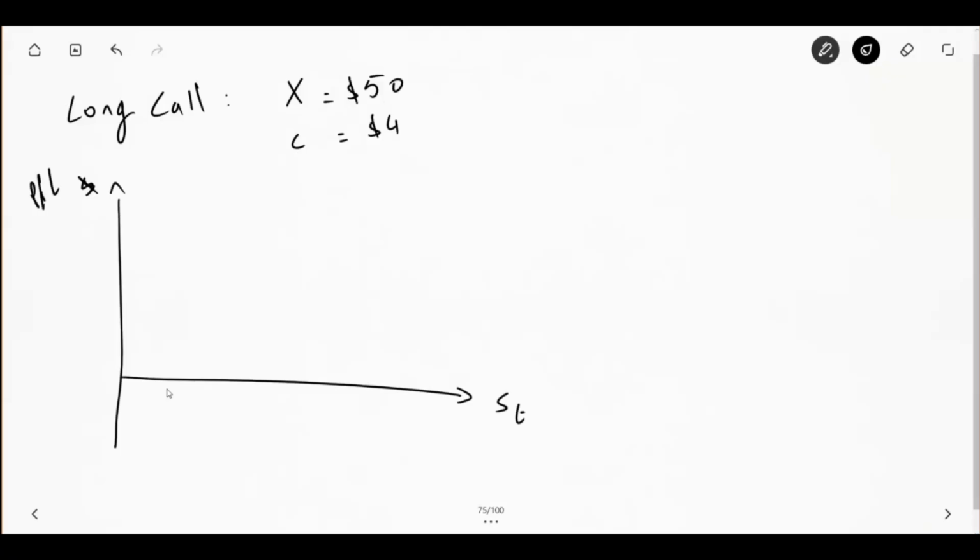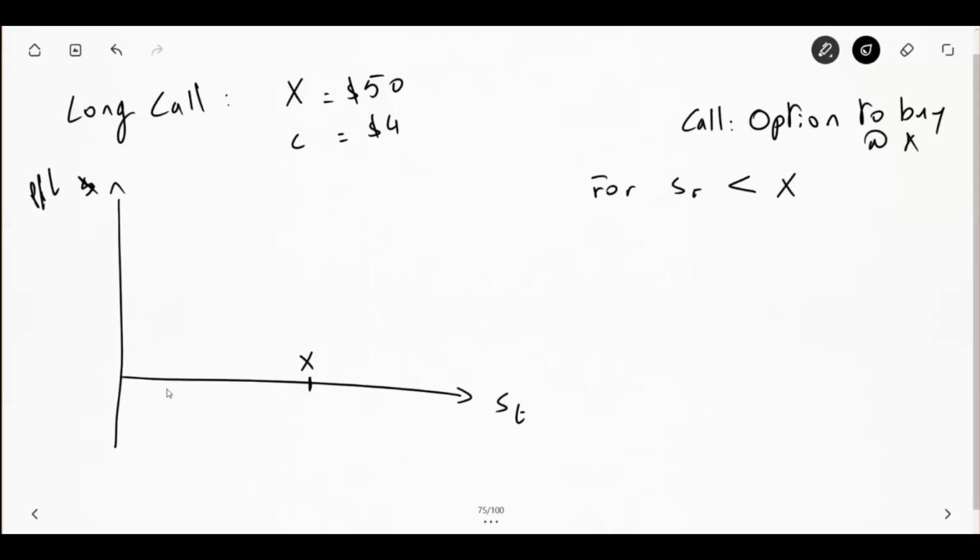Now, you need to determine what happens for any price below or above X. So for example, for ST less than X. Now remember, in this case the call option holder, so the long call, will give the holder the right or the option to buy at X.